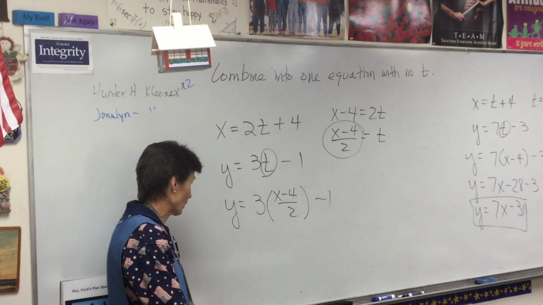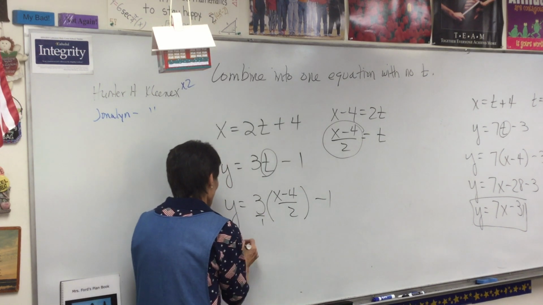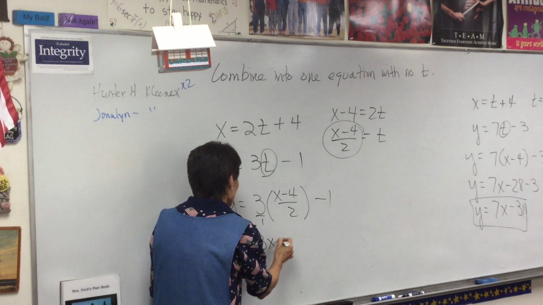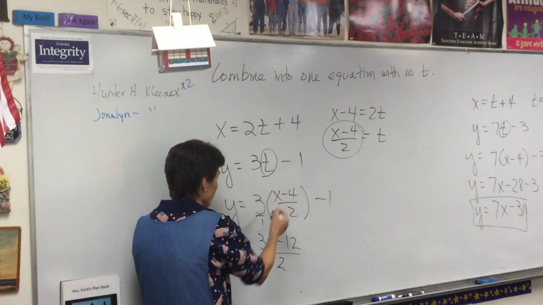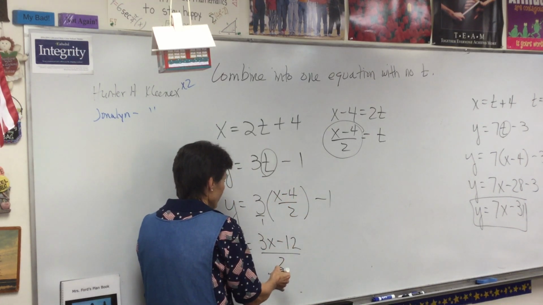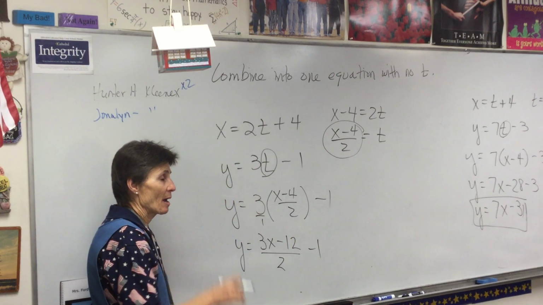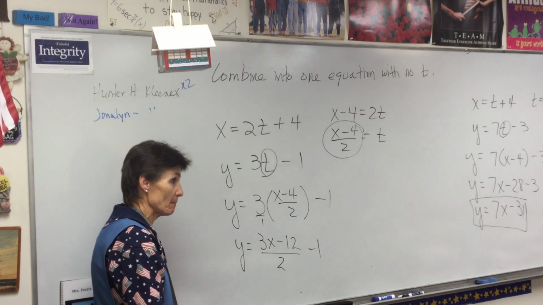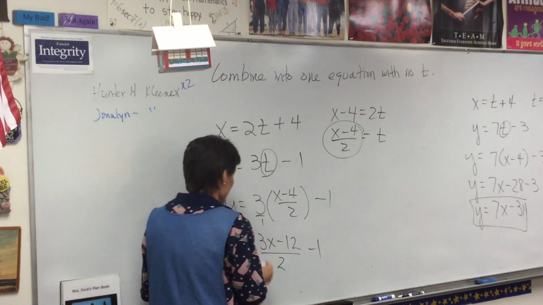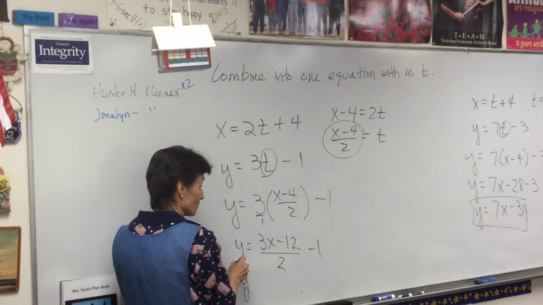Okay, so now what do I have to do? Distribute. So y equals 3x minus 12 over 2. So 3 times the top, 1 times the bottom, minus 1. We can multiply by 2 next if you want to. Now when you times by 2, this is going to be 2y.